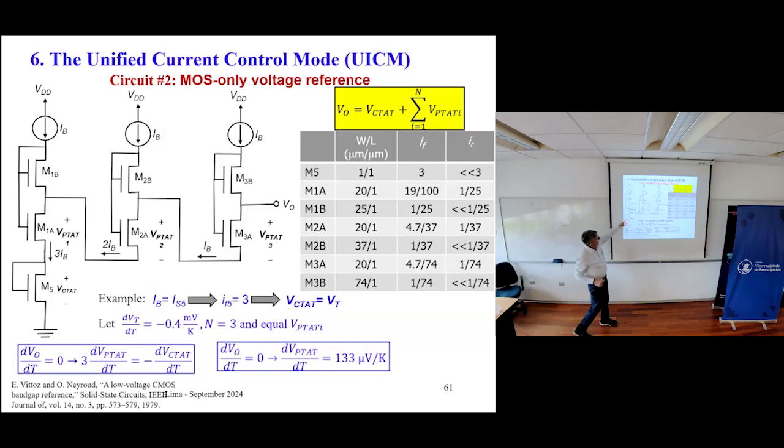This device here, M5, is such that the gate voltage is like this. It's a straight line, but it decreases with temperature, right?